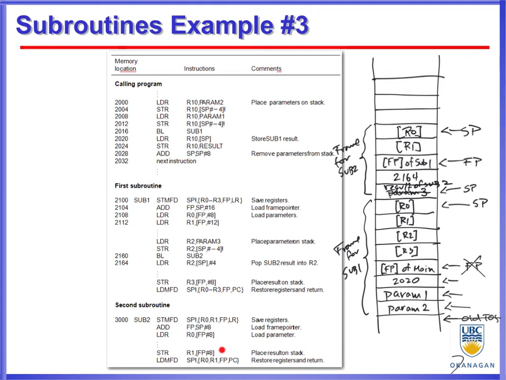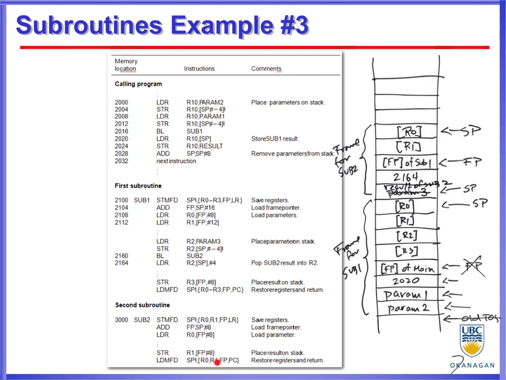Okay, so now we're ready to go back to sub 1. So we're going to return from sub 2, which means we're going to pop a bunch of stuff off the stack, again using the stack pointer, which is going to pop and then increment by 4. First thing that gets popped off gets put into R0, contents of R0.